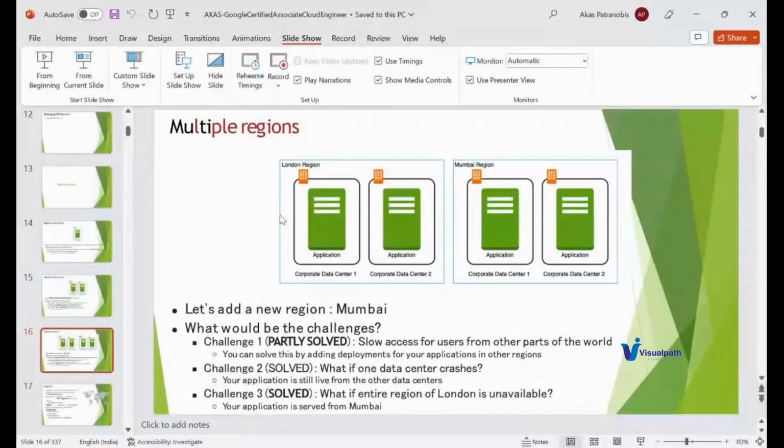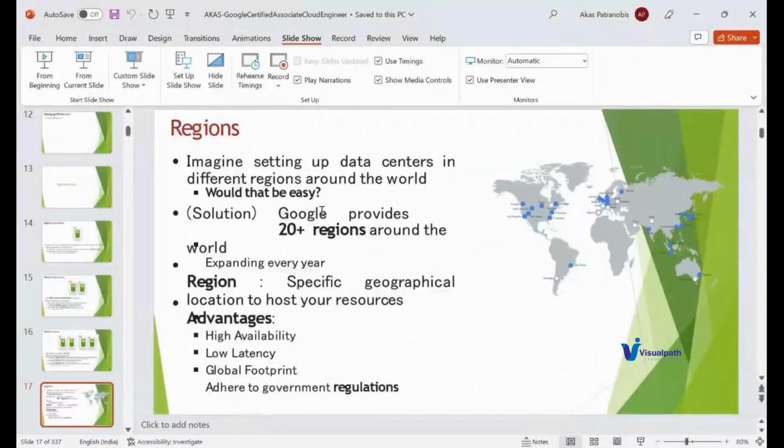Now GCP has set up multiple regions, and I was showing this map where GCP stands based on the regions they have set up. To solve that problem, they are now across 20 plus different regions, and each region has 3 to 5 AZs based on the criticality or strategic location of that region, how big or how geographically diverse it is.